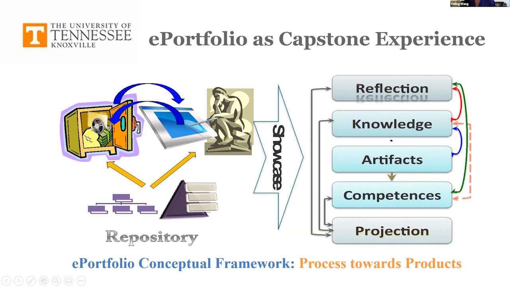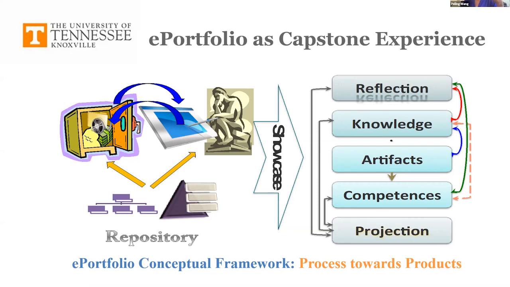We wanted the students, at the end of the program, to reflect on the time they were with us and also to demonstrate the knowledge. They pick the knowledge they have and the concepts they have applied to create the artifacts.